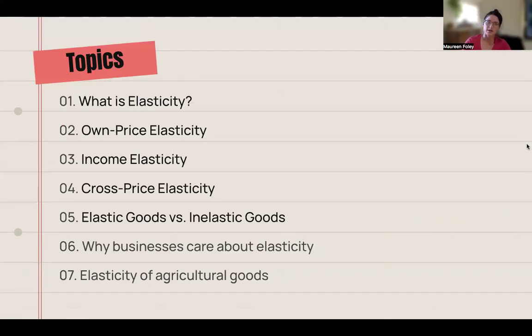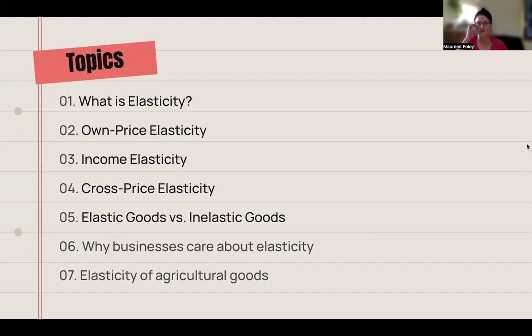This is what we're going to be talking about today. First of all, we'll go over just what is elasticity and how do economists use that term. And then we'll talk about the three main types of demand elasticity, and that's own price elasticity, income elasticity of demand, and cross price elasticity of demand.